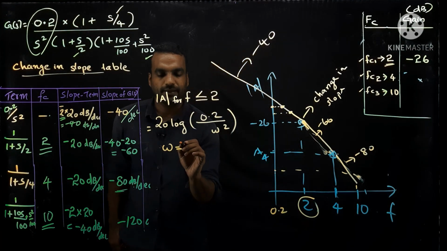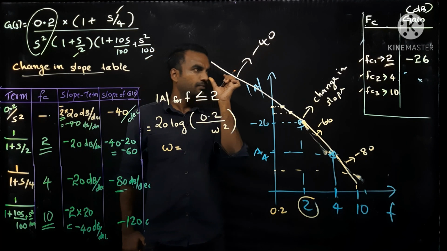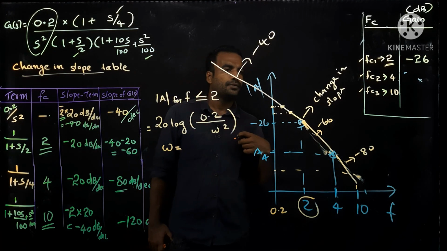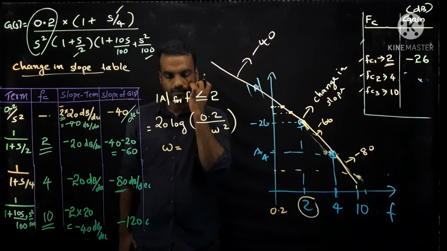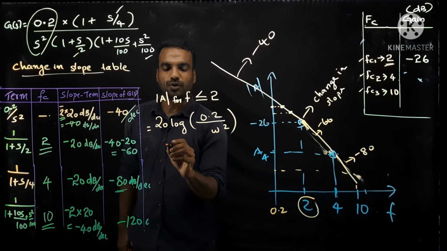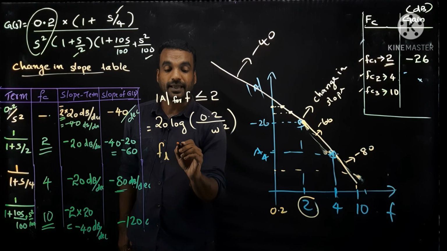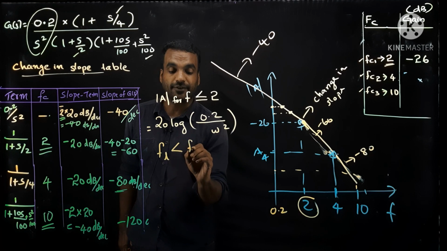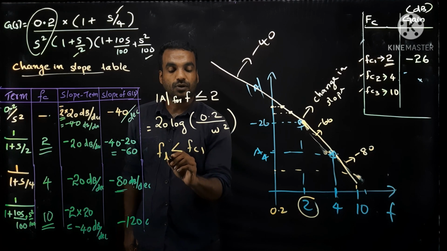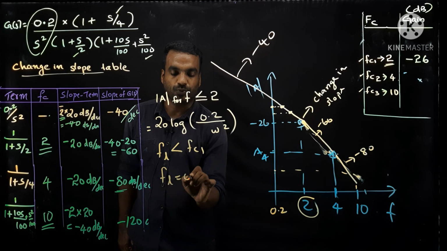I am taking a lower corner frequency FL. The condition is that FL should always be less than FC1. So FL is equal to 0.2.